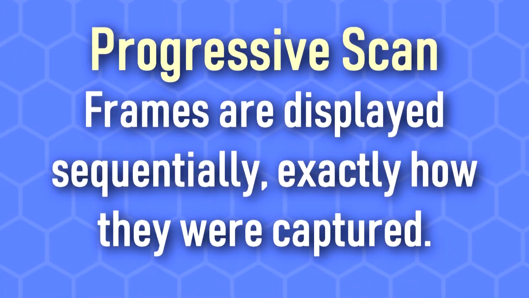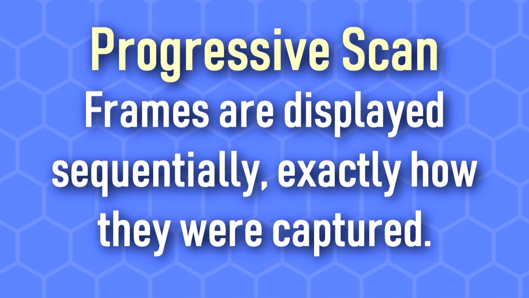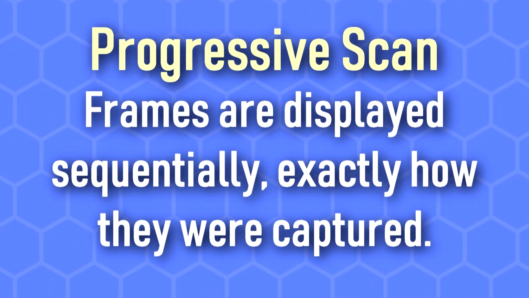Effectively, progressive is a lot easier to explain. It's just the frames as they are captured one by one after another, and the frame rate determines how many of these newly captured frames are displayed in every second. Now, this has the big advantage of basically not having every disadvantage that interlaced has. Since it doesn't have any interlace flickering, it doesn't have to counteract it by inducing a blur, meaning that the quality is overall a lot sharper than interlaced.